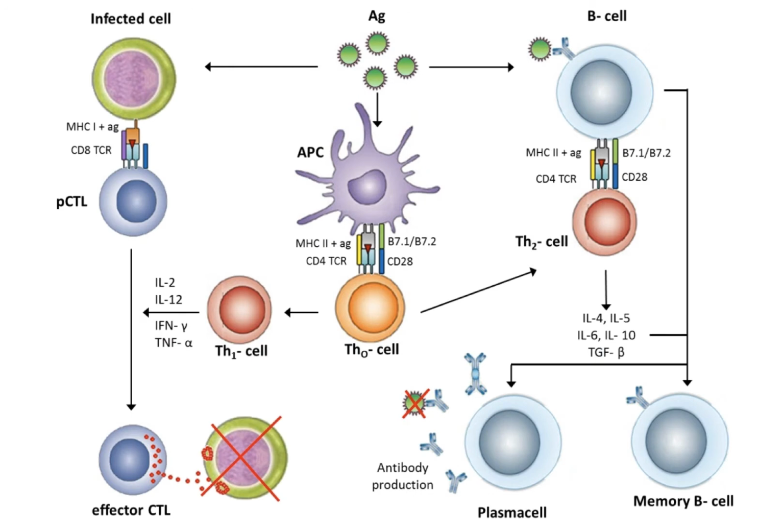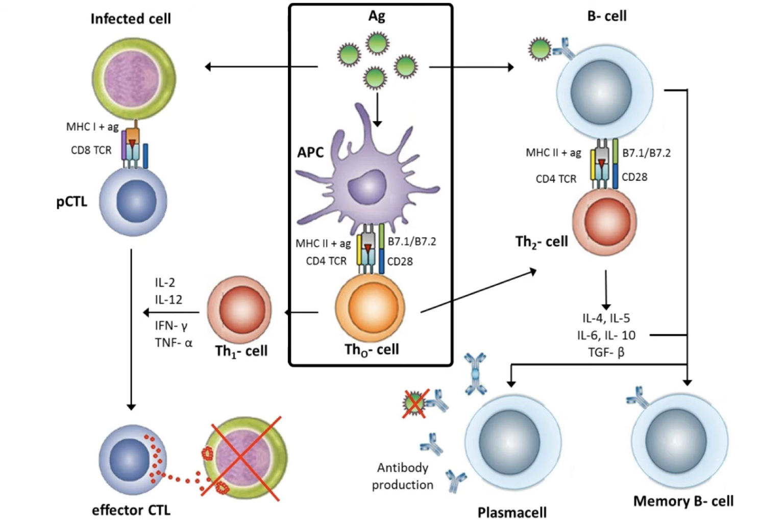So as I said, it gets complex in a hurry, and this just shows some of the interactions between these different cells once you have an antigen. So the antigen up here is taken up by the antigen presenting cell, in this case a dendritic cell. It then puts that out on the MHC receptor that interacts with the T cell receptor of these Th0 T cells.